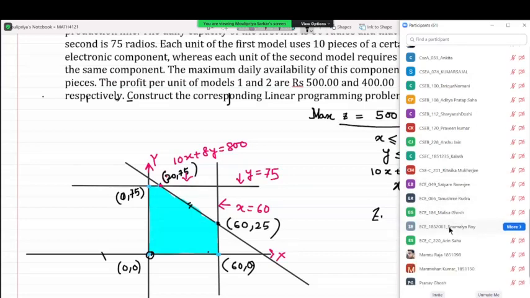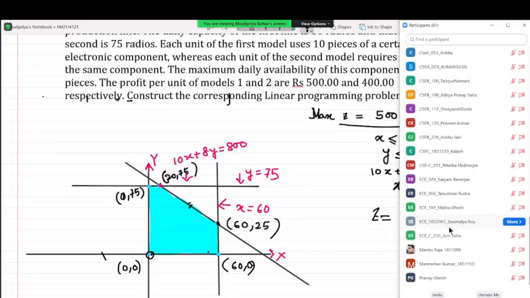If I talk about this line, z equal to 500x plus 400y, here z can take any value, and for different values of z, we will be getting a family of straight lines.